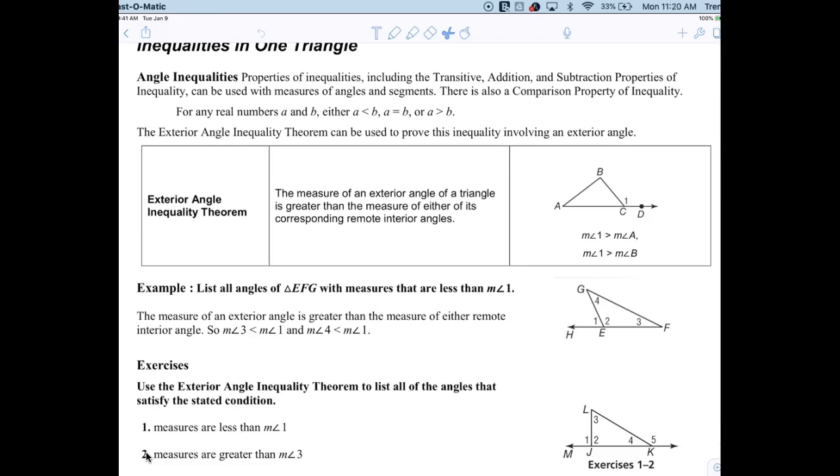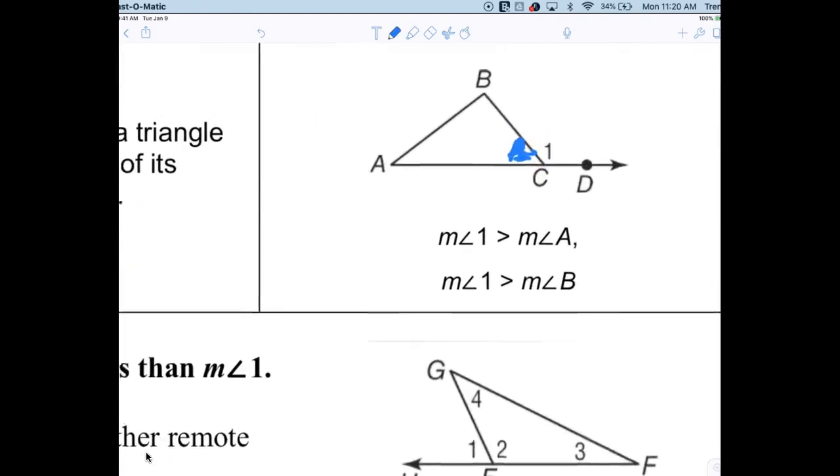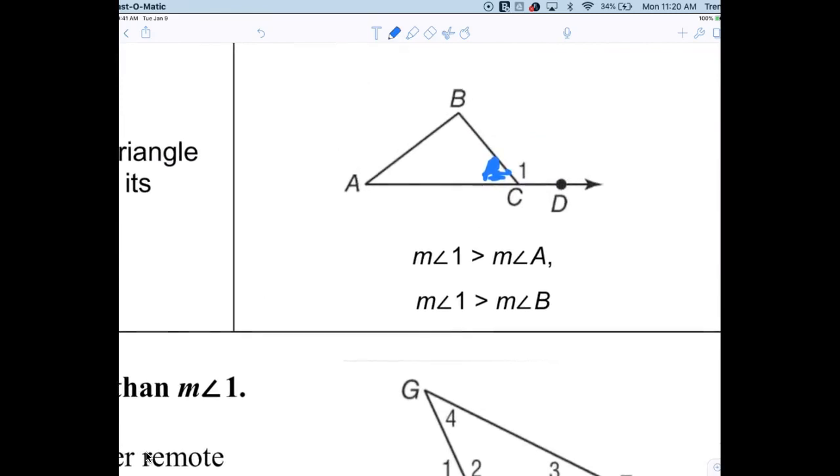Angle 1 has to be greater than angle B and angle A. Does angle 1 have to be greater than this angle right here? Does angle 1 have to be greater than that angle? No, of course not, right? It looks like it in this case, but we could have a triangle that did something like this, correct?